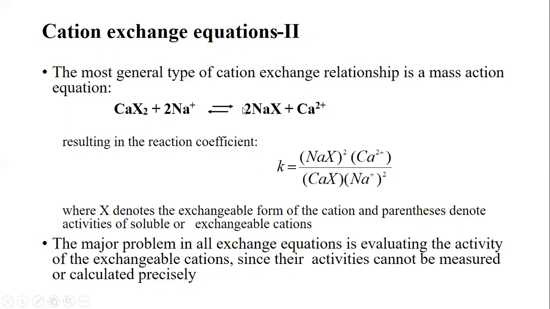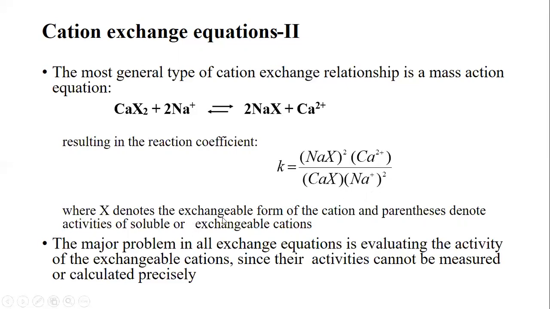Plus two sodium, so you have two of those colloids, each one of them carrying one sodium, calcium is released, resulting in the reaction coefficient, or K of equilibrium, NaX square times the activity of calcium over the activity of CaX times the Na plus.